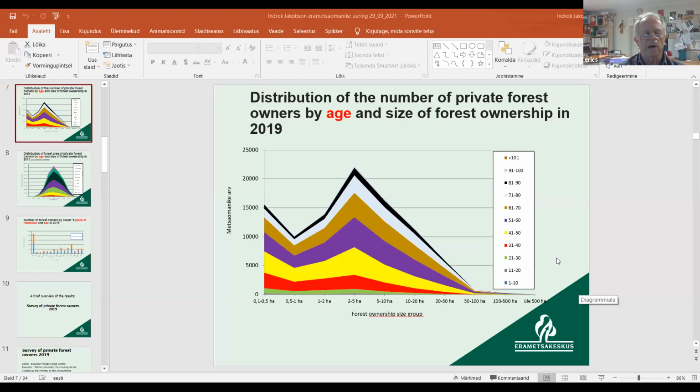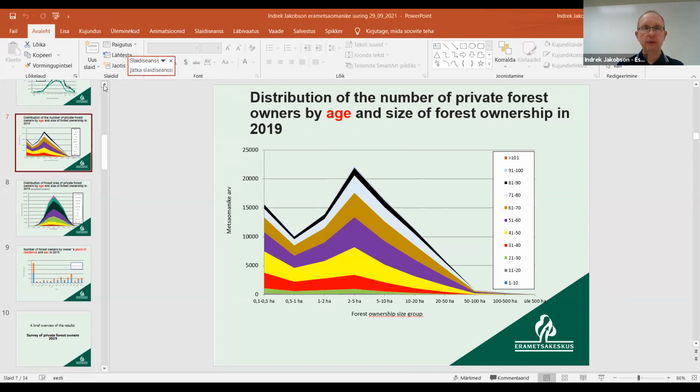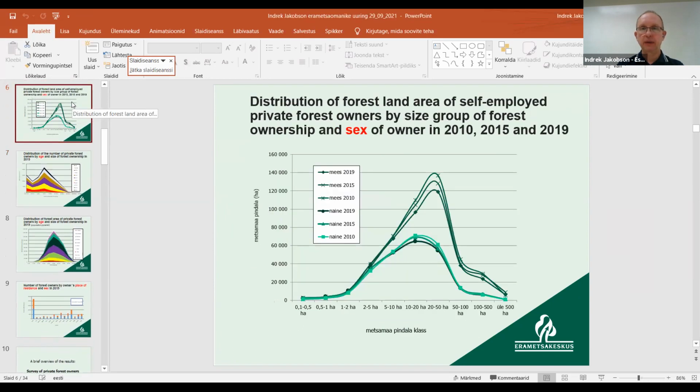Showing how the number of forest owners has developed. You mean this one? Oh, before that one. Before that was, no, it was this one. Okay. Here we have different data from 2010, 15, and 19 on these graphs.